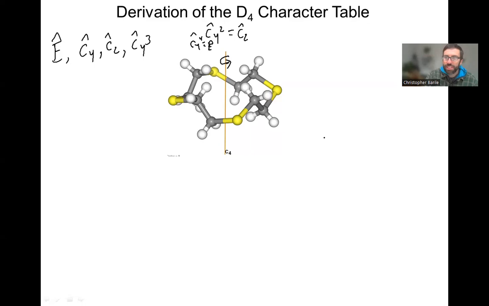Okay, and then we know we're a D point group, so we're going to have perpendicular C2s. We're always going to have n perpendicular C2s. This C2 is not perpendicular with the principal rotation axis, the highest order n. It is coincident with it. It's just a 180-degree rotation instead of a 90-degree rotation.